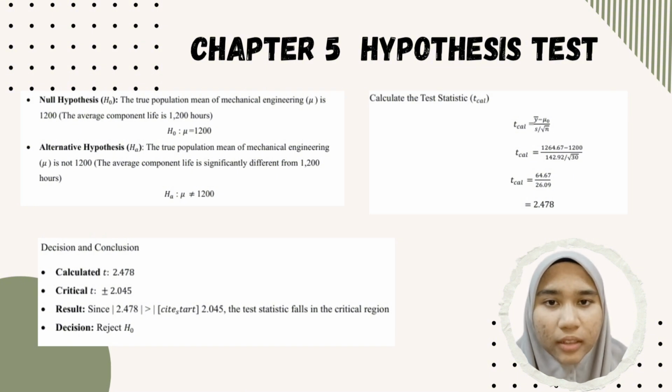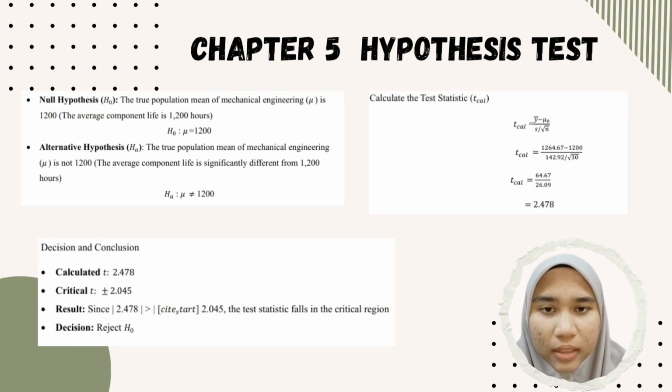Next, we calculate the t-statistic using the t-calculation formula. Based on the sample data, we have sample mean 1,264.67, test value 1,200, standard deviation 142.92, sample size 30.